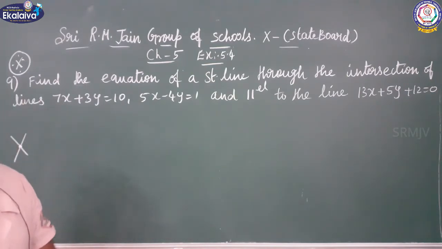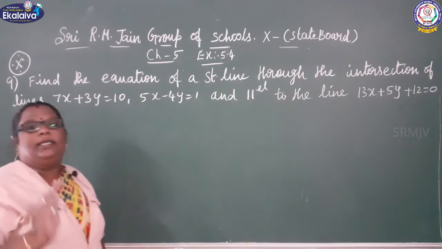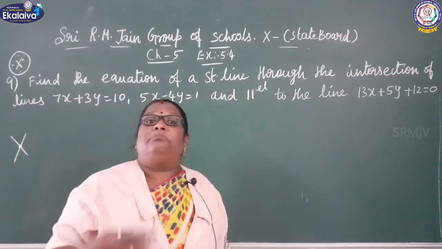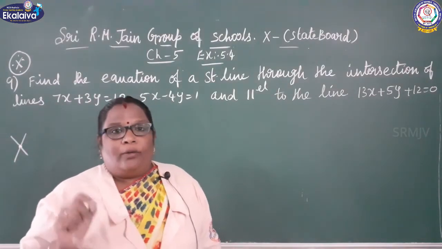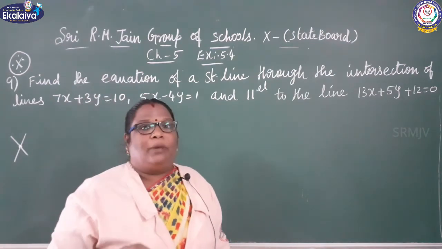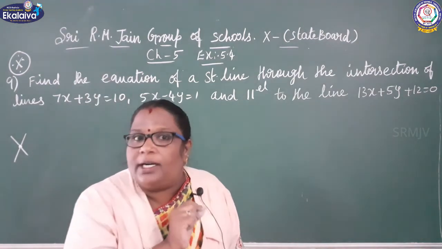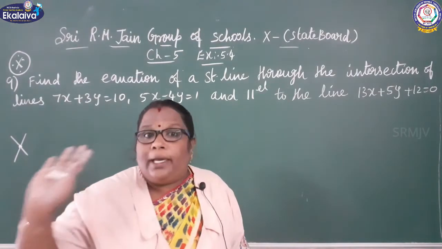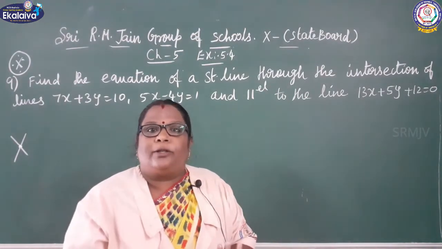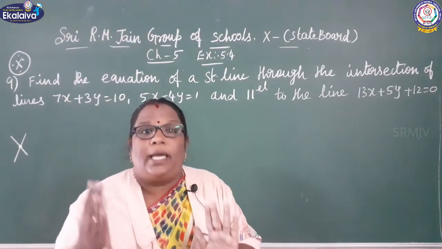And parallel to the line: parallel means the slope is m, perpendicular means it is minus 1 by m. Whenever you are doing a sum, keep this in mind. The word parallel means that the slope is m.